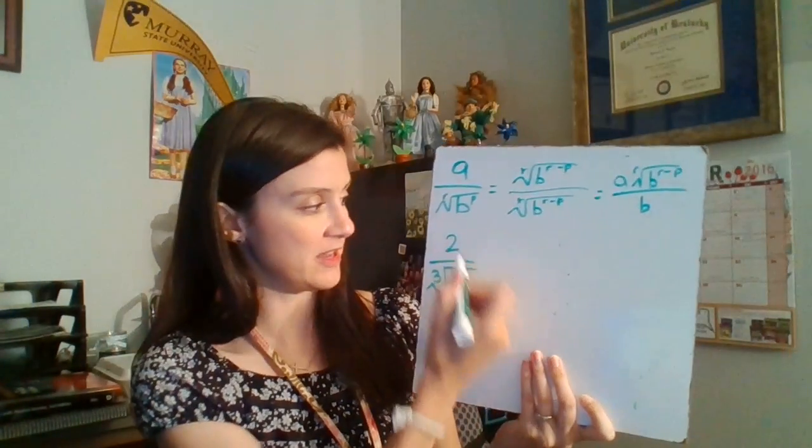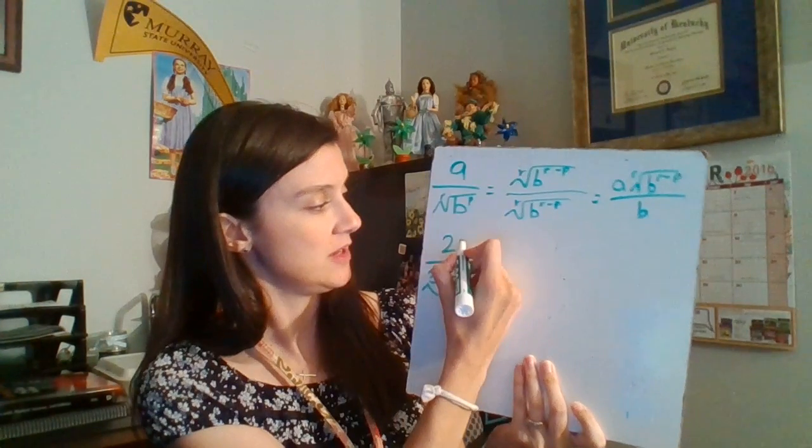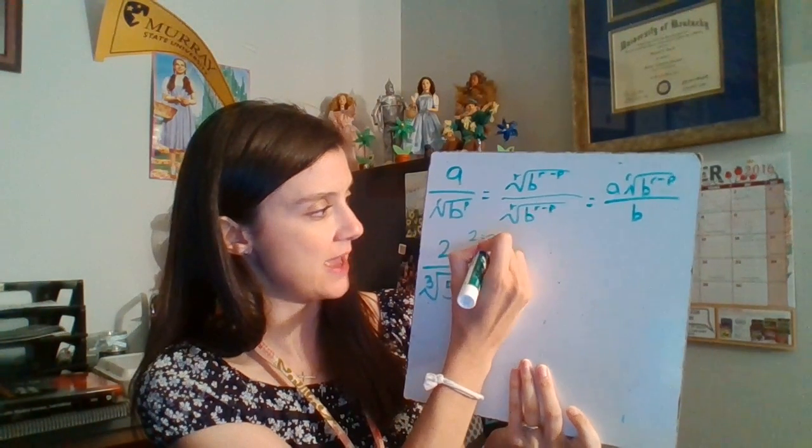So let's study the example that they give us here. They give us 2 over the cube root of 5. There's another announcement. Not us. Okay. 2 over the cube root of 5. So, according to the formula here, 2 is our a. So 2 equals a.